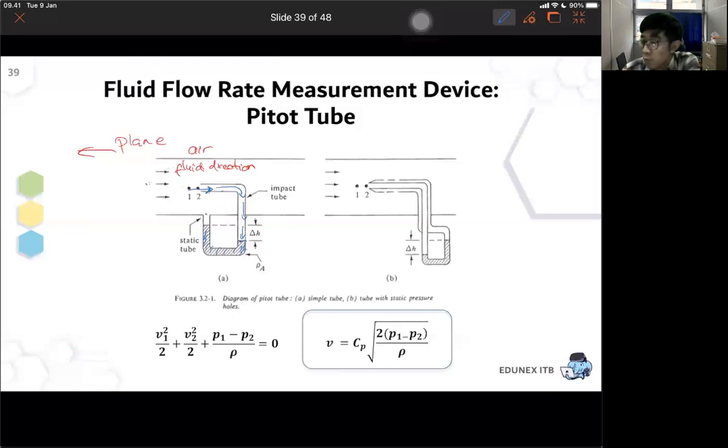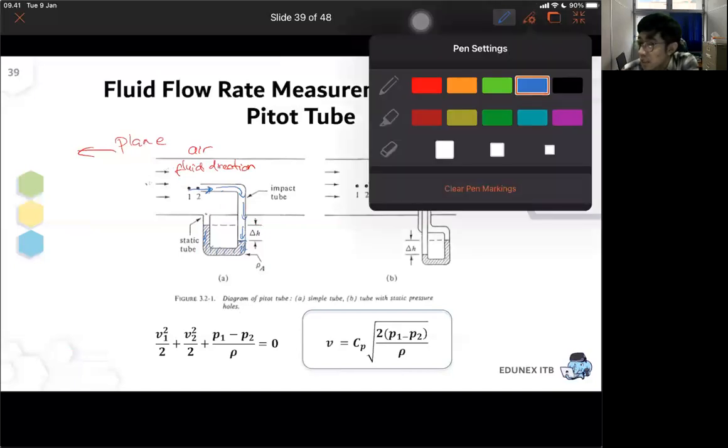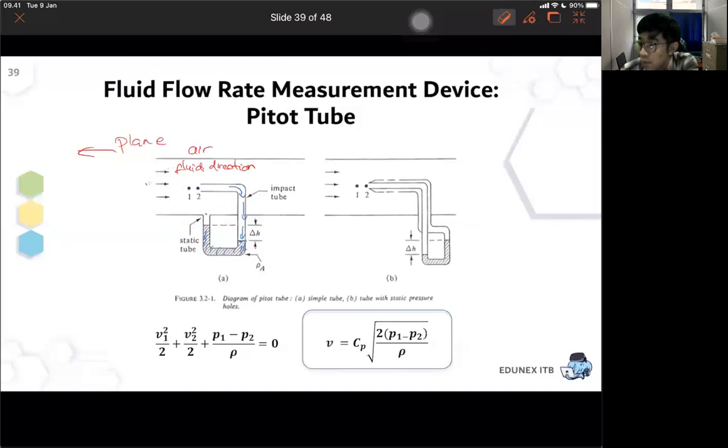But at point 2, which is exactly at the mouth of the pitot tube, what will be the velocity? Initially, before the plane is moving, what will be the height difference in the liquid in the manometer? No difference, correct.